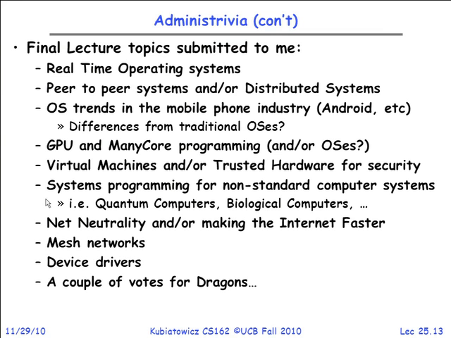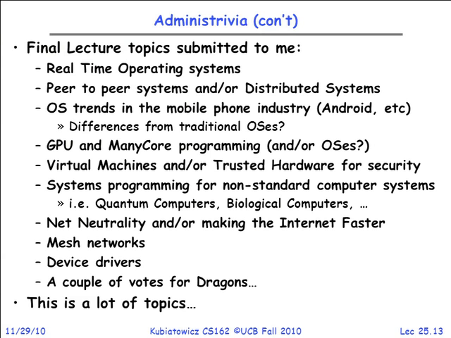The way I interpreted this was operating systems for quantum computers, which would be an interesting topic to try to put a few slides together for. Questions about net neutrality or making the internet faster, mesh networks, device drivers, a couple of votes for dragons. It's a lot of topics.